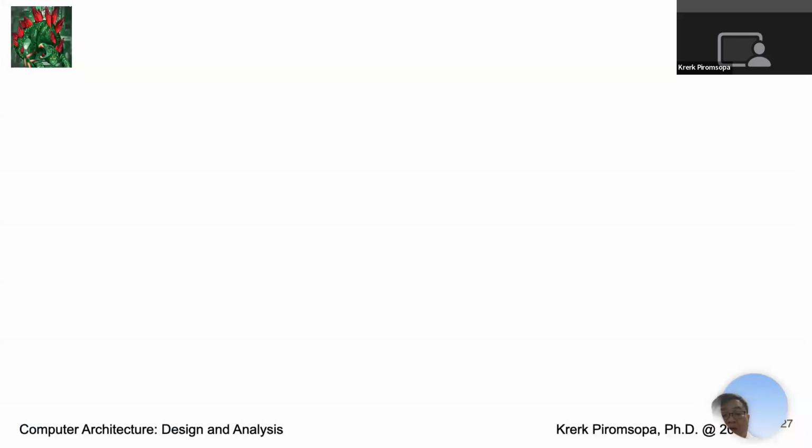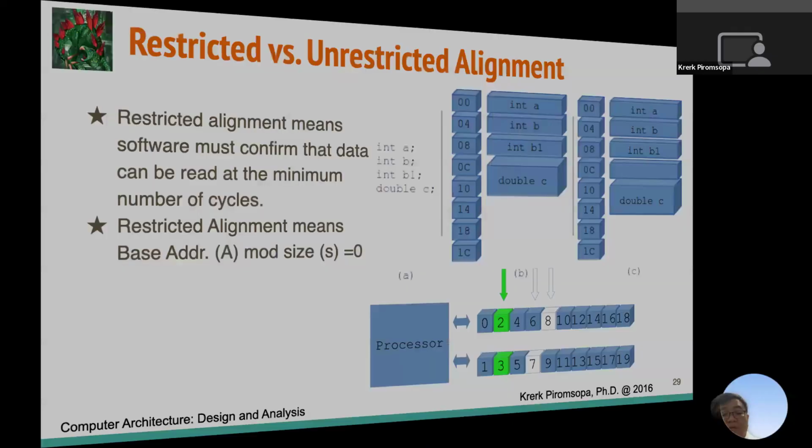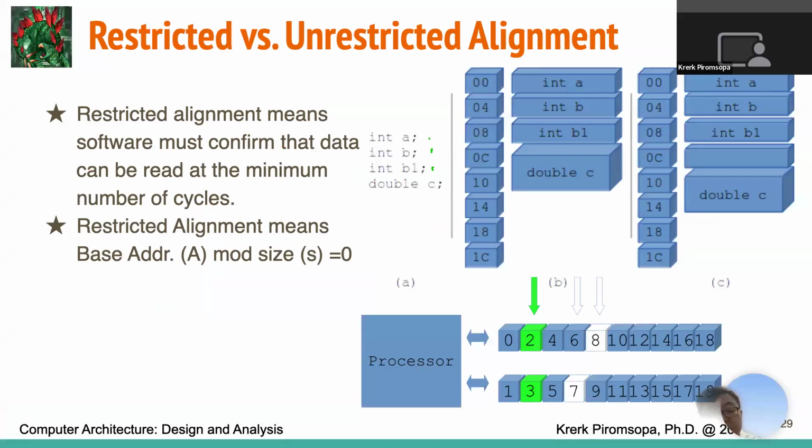Okay. And now we got integers and double. In this case, each row is 4 bytes, so I got integers.